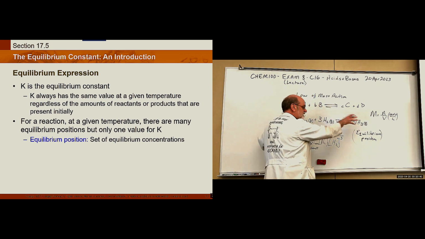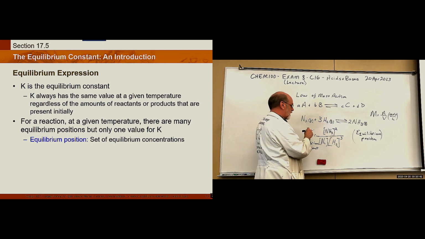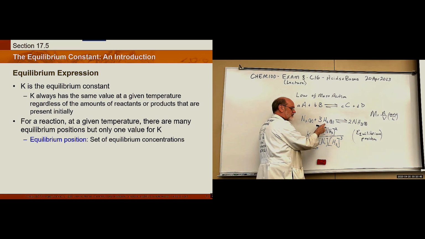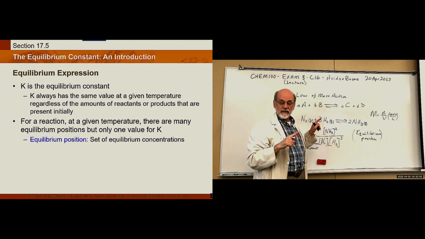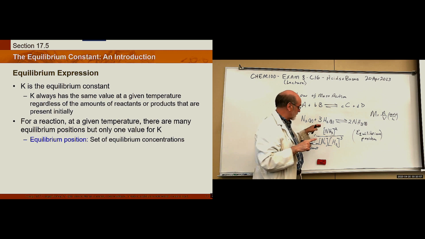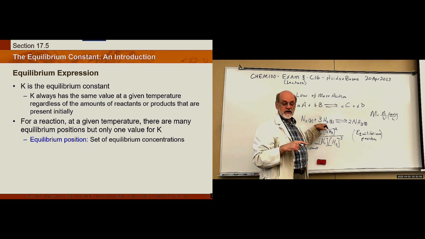So if this system is at equilibrium and we add more hydrogen, then we will shift the equilibrium to the right, and some of that hydrogen will be used up, but not all of it, only enough to reestablish equilibrium. So the value of concentration of hydrogen now is different.